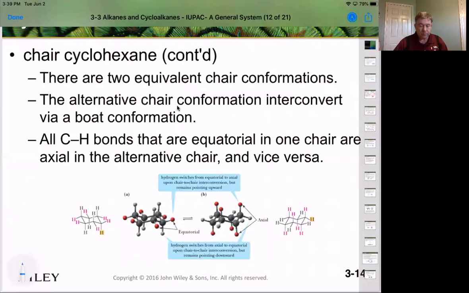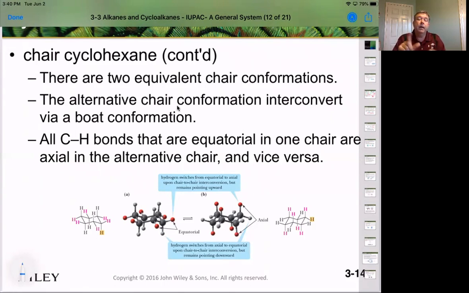Okay. So we started with the chair conformation, and if you pucker one up and pucker one down, that's the chair conformation right here. But when this side puckers up and that side puckers down, well, yes, it can. And so we have two possible equivalent chair conformations, and they'll convert back and forth through the boat conformation until there's something different about it.